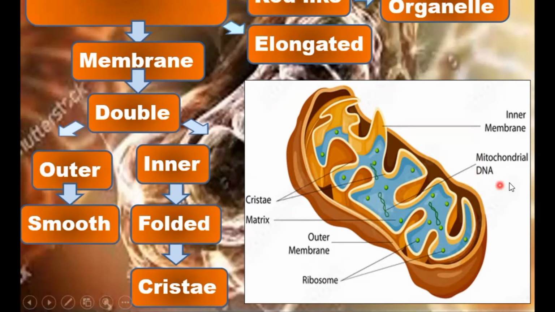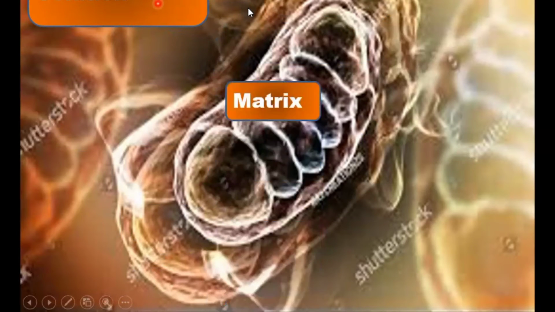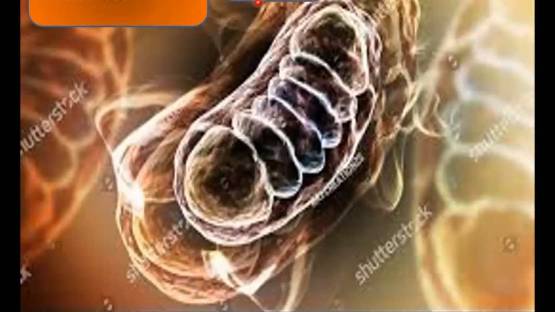We know that DNA is a biomolecule and it stands for deoxyribonucleic acid. As we have discussed, the liquid part of the mitochondria is known as the matrix, and it contains ribosomes, enzymes, and DNA.